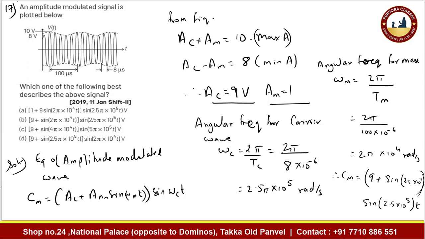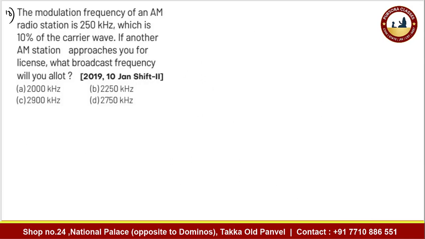So 9 plus sin 2 pi 10 to the power 4 t. So the correct option is B. I hope you have understood this question, students. Okay, so we'll now move ahead with the next question.